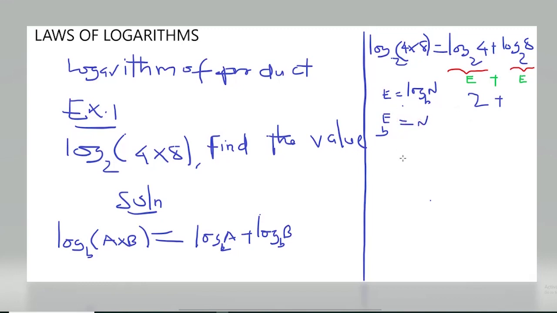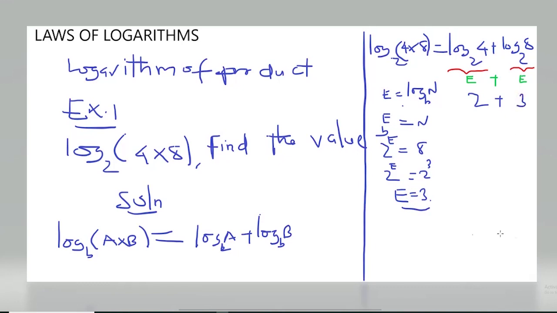Our base is 2, our exponent we don't have, and our number is 8. Now express 8 in terms of base 2: 2 power 3. Then our exponent will be equal to 3. Now here we have 3.